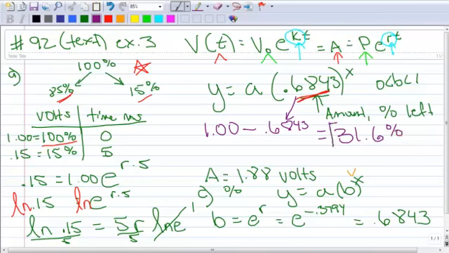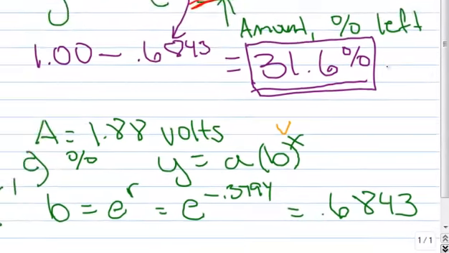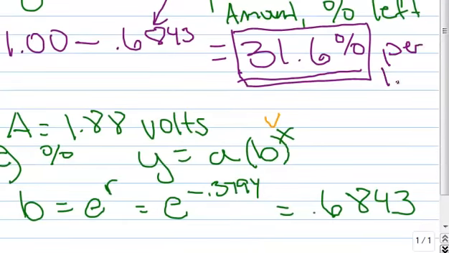So each millisecond I'm losing 31.6%. I'm anticipating the question about why am I not losing 85%? Because you're losing 85% over 5 milliseconds. This 31.6% is per 1 millisecond. So that's one way you can calculate how much you are losing every millisecond. That's the end of this example.